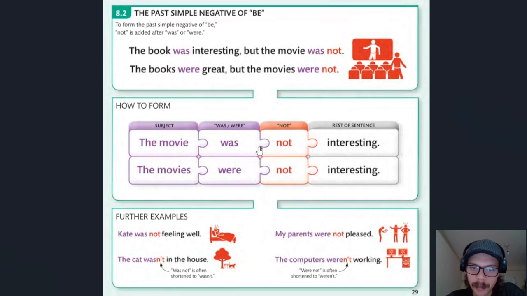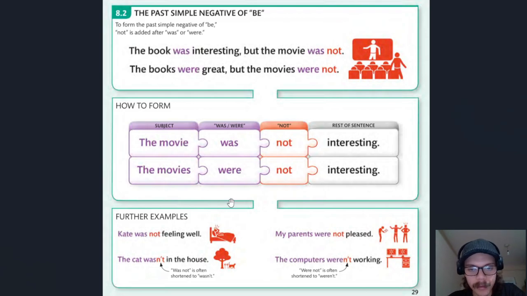Here you have a reminder of that structure. So the movie was not interesting, the movies were not interesting. It works exactly the same. And if you remember from the present, again, it was the same idea. In the present, you have three different forms for the verb be, which is am, is, are.